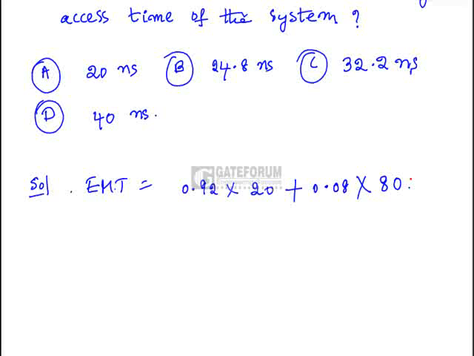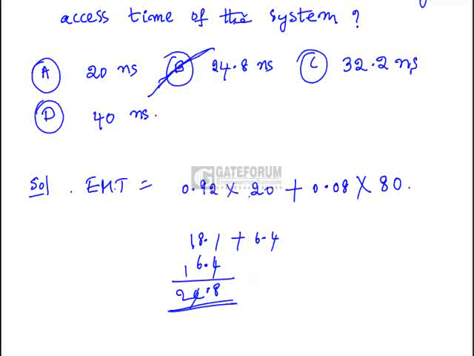So the value will be 18.4 plus 6.4, which is 24.8 nanoseconds. Option B is the right option here.